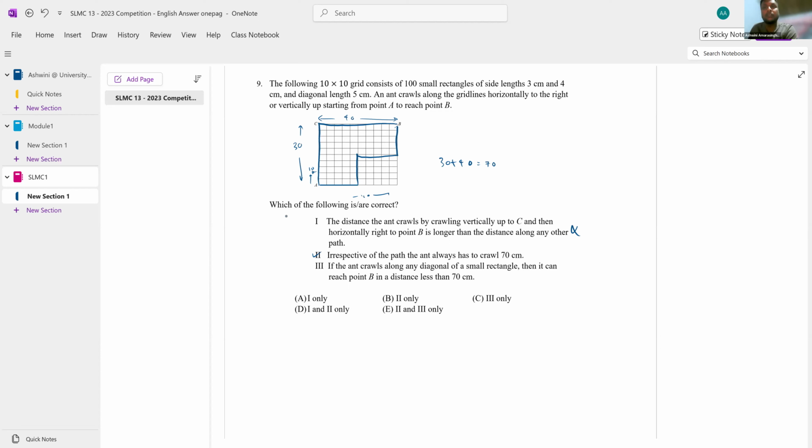If the ant crawls along any diagonal of a smaller rectangle, so if he goes that way, you would go 5 units rather than 3 plus 4 units. So you have 5 instead of 7. Okay, and that they can reach in a distance less than 70 centimeters, and that's true. So 2 and 3 are.